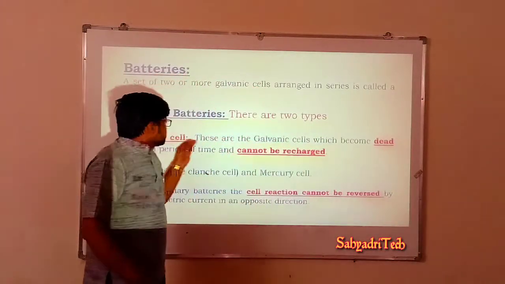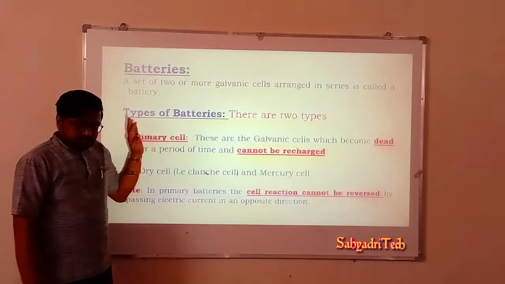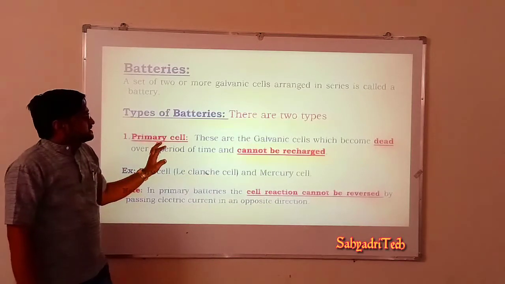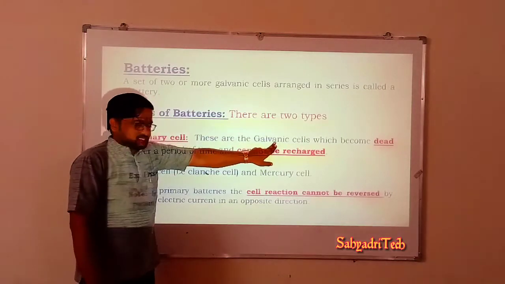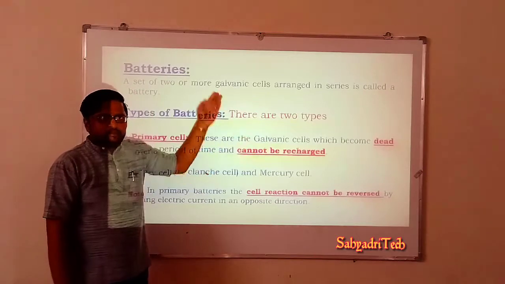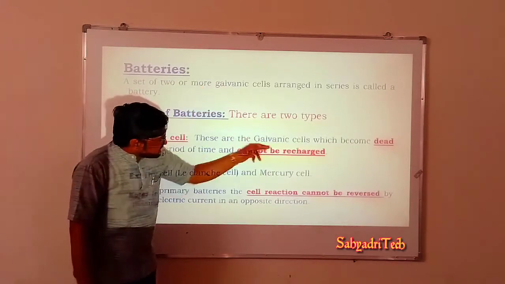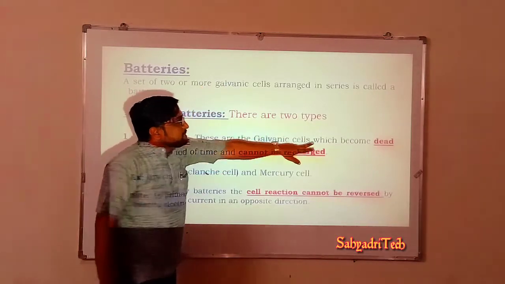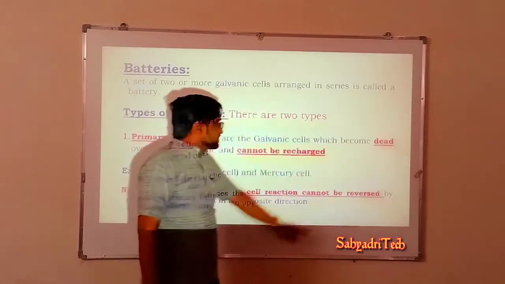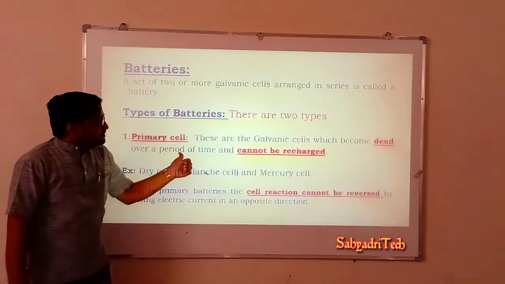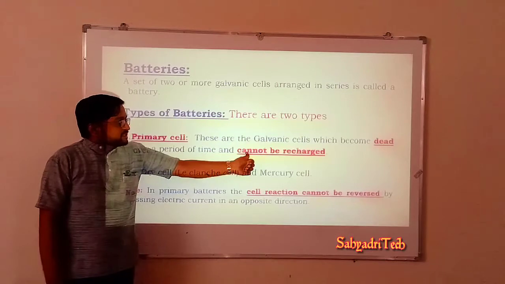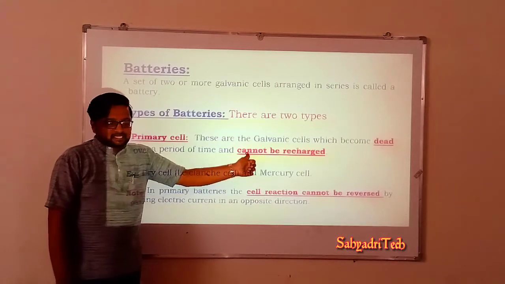Well, what is a primary cell here? Primary cells are galvanic cells, a type of battery, which become dead over a period of time, and they cannot be recharged.